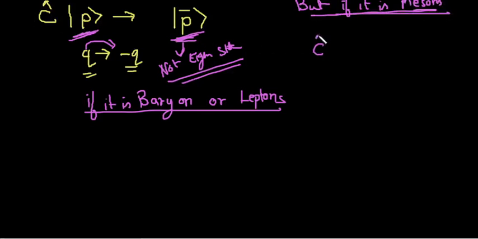That means when charge conjugation acts on a meson, let us take pi 0, say, it will give you pi 0, since the charge is 0, so the charge is not changed, and the eigenvalue for this will be plus 1.